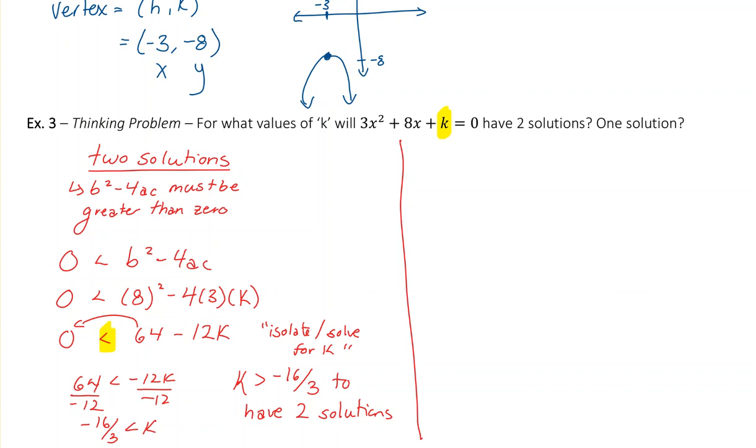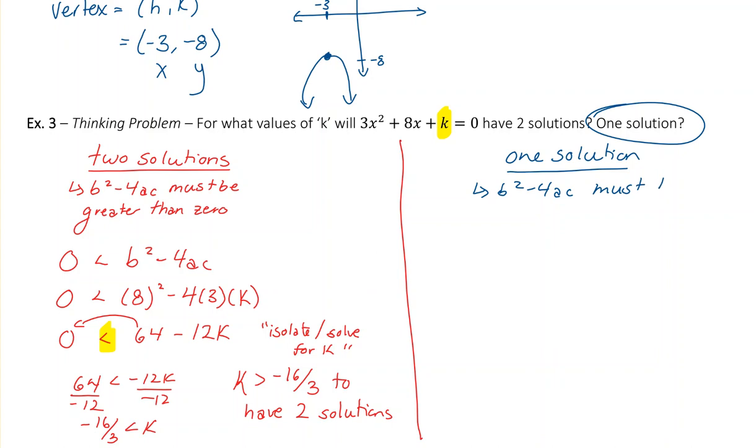Okay? Same thing here. The next part of this was one solution. Well, one solution, if that's true, the discriminant must be equal to 0. So I'm going to set this up similar to what I just did with two solutions. 0 equals b squared minus 4ac.